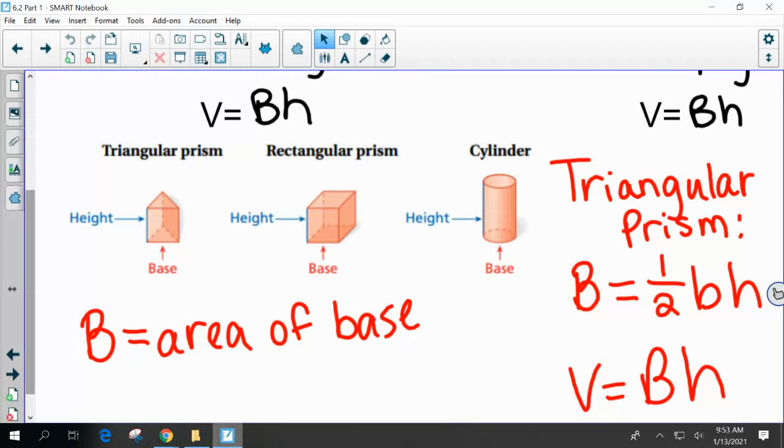Okay, so the other thing I want to point out during this lesson is you're not going to have to memorize these formulas. I'm going to give you a little sheet with all the formulas on it. However, on that paper, there are not any pictures. So you do have to understand what these shapes look like. You're going to have to look at a shape and know what it is and what formula to use, because I am not giving you a picture example beside the formula.